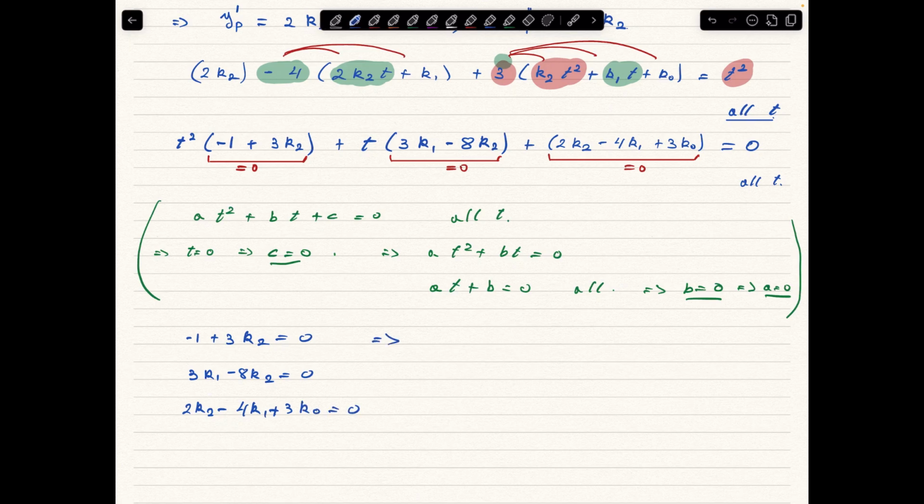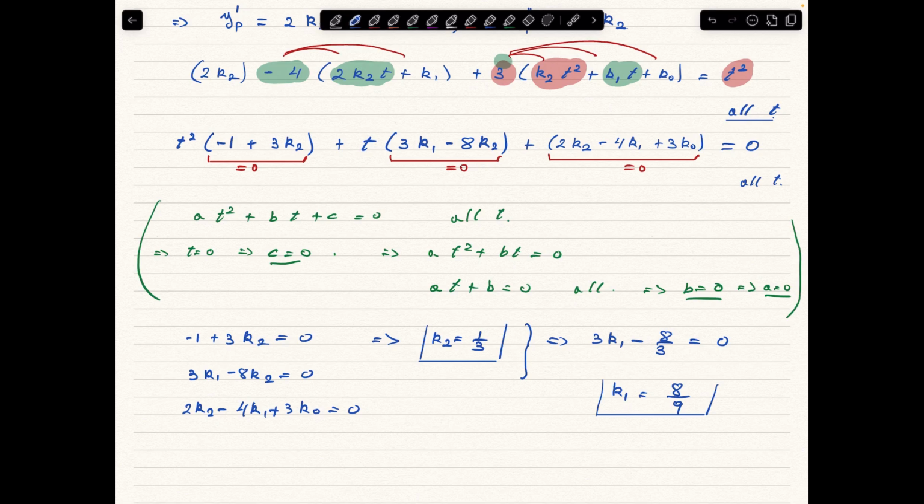We start solving from the top, because the first equation says that k2 is 1/3. Now we put that 1/3 in the second equation, and we get that 3k1 minus 8/3 has to be 0, so k1 has to be 8/9.